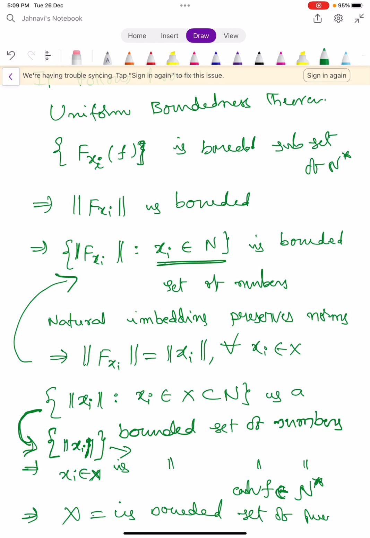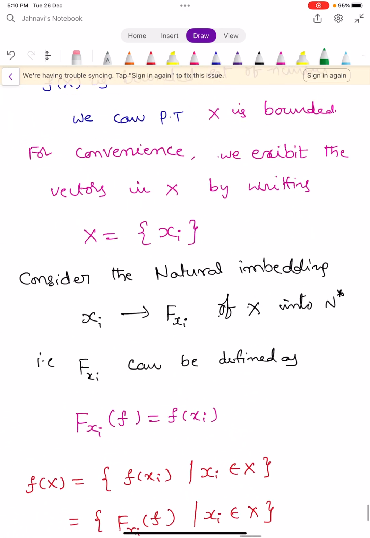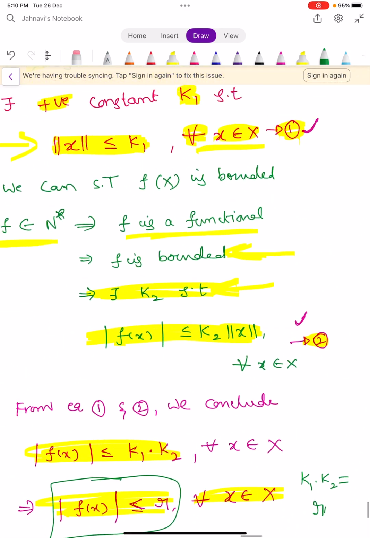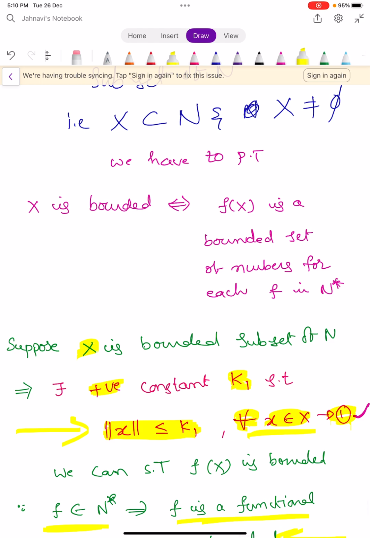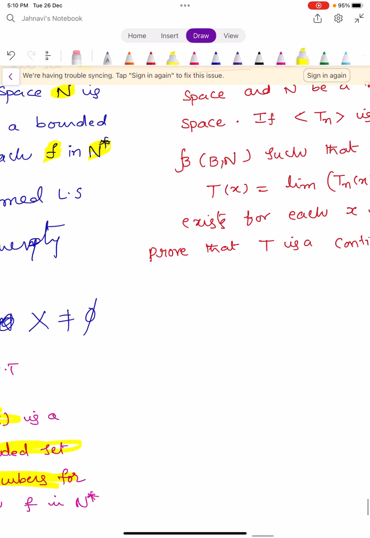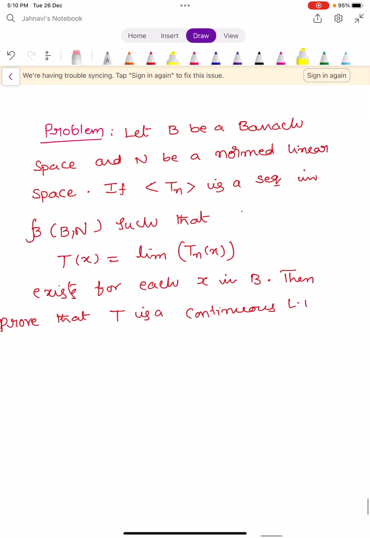This shows us capital X is only a bounded set, not a bounded set of numbers. That's it. This completes the proof. Therefore, we prove that capital X is bounded if and only if f of X is a bounded set of numbers. Here in this video we prove one problem also, one of the simple ones.